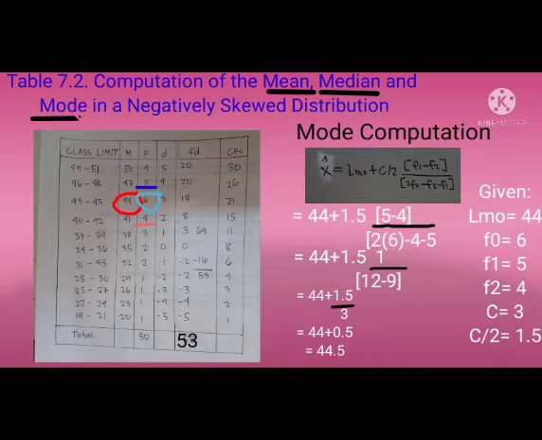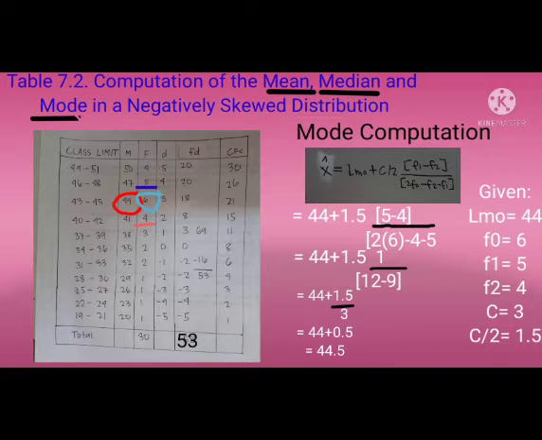So 44 plus 1.5 times 5 minus 4 over 2 times 6 minus 4 minus 5 is equal to 44 plus 1.5 times 1 over 12 minus 9.